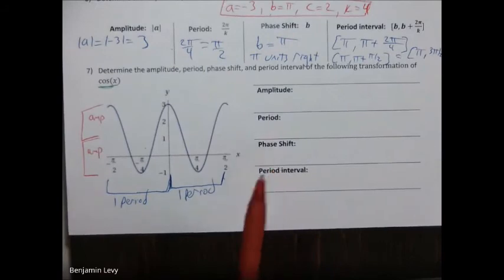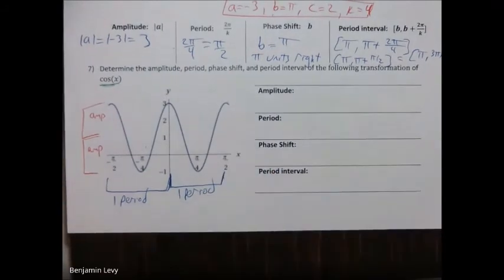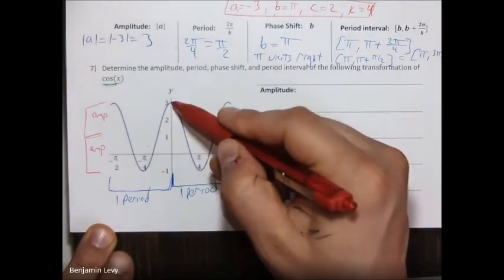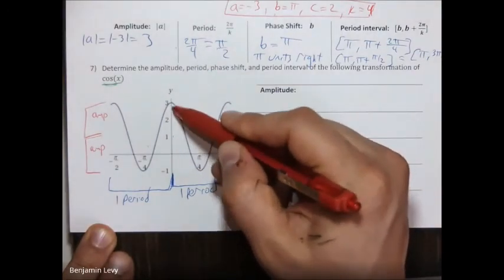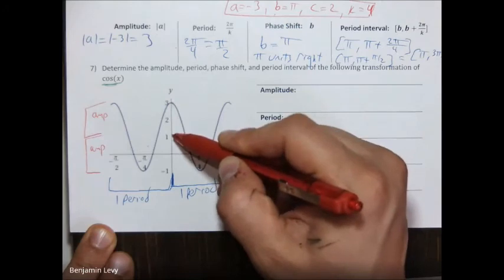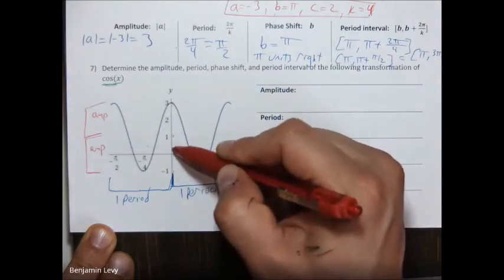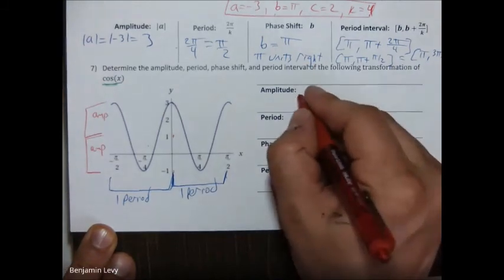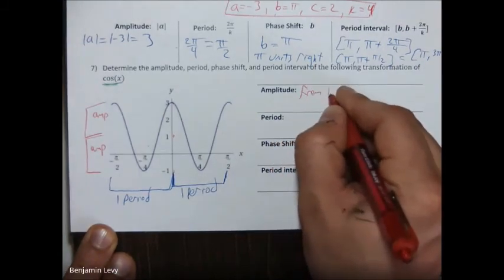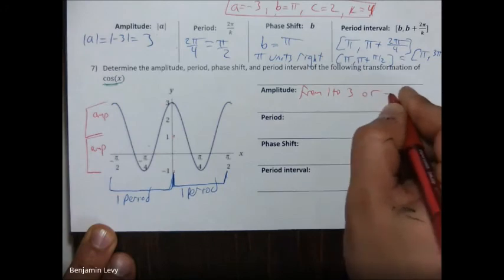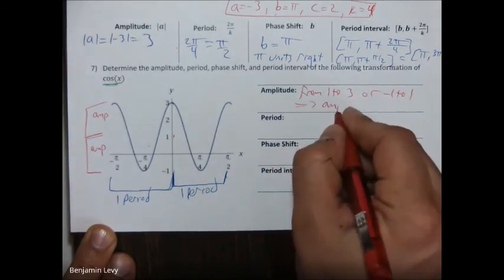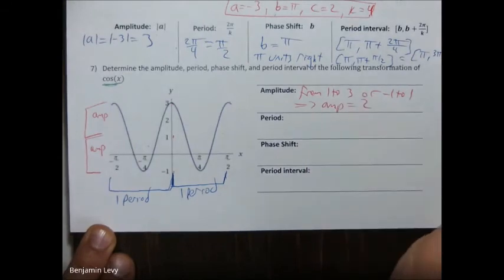We'll look at the phase shift when we get to that question. So let's look at the amplitude. The amplitude is from right here, halfway across, to right there at the end. That distance from 1 to 3 is a distance of 2. And the distance is the same as the other half, right? The distance from 1 to -1 is also 2. And so the amplitude is from 1 to 3, or from -1 to 1. And so that means the amplitude here is a distance of 2.